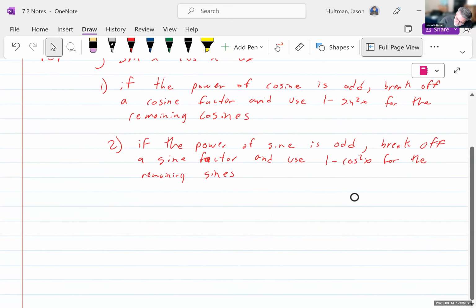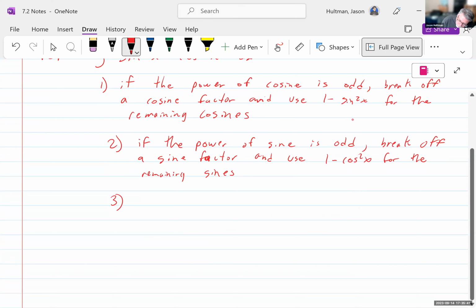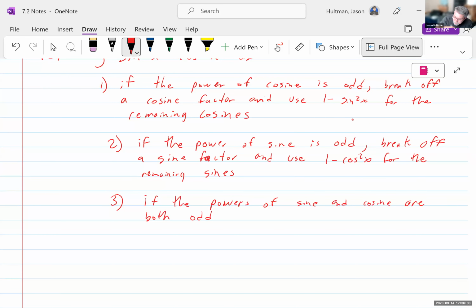Okay, number 3. If the powers of sine and cosine are both odd, then you can choose.